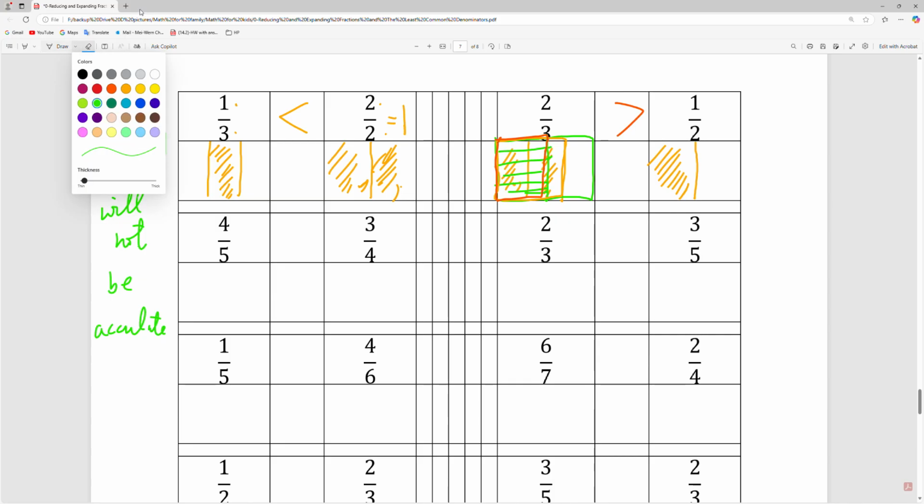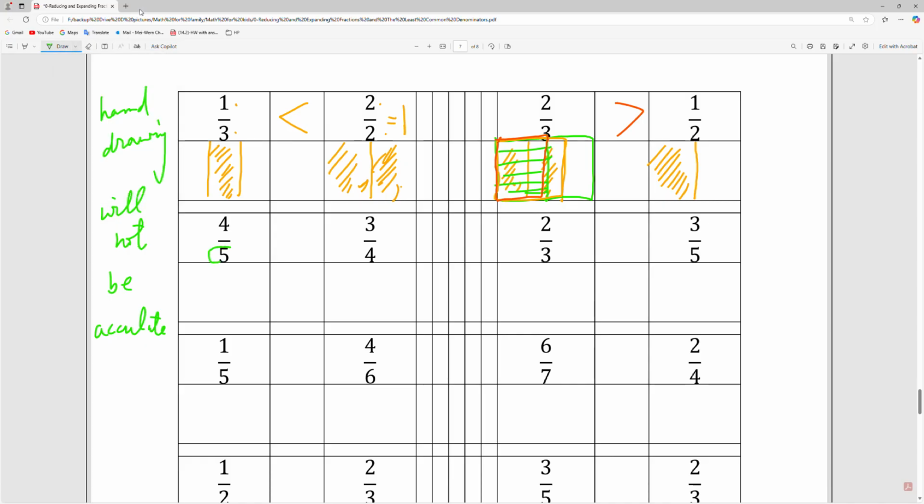So how can you make them have the same denominator? You can say this is 5, this is 4. Pretty simple. Remember I said you need to multiply the same number: if you multiply 4 to the denominator, you need to multiply 4 to the numerator.